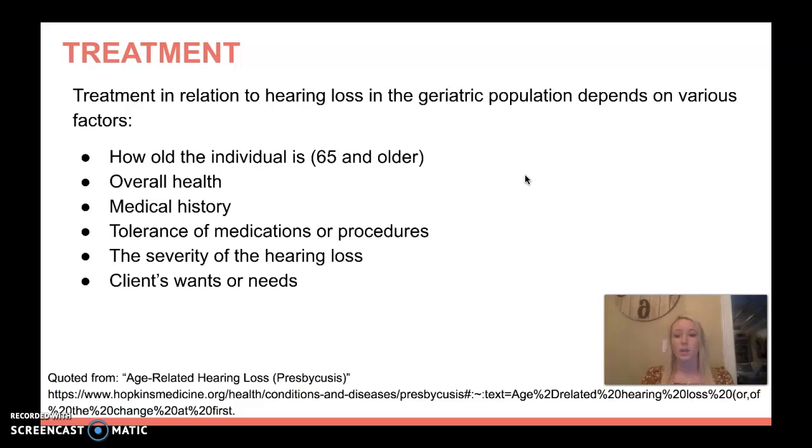This may be due to their overall health, so if they have other health conditions as well, their medical history, meaning what they have been through in the past, the tolerance of medications or procedures, the severity of the hearing loss, so mild, moderate, or severe, and lastly, this may be due to clients' wants or needs, which also goes along with, as we know, evidence-based practice.